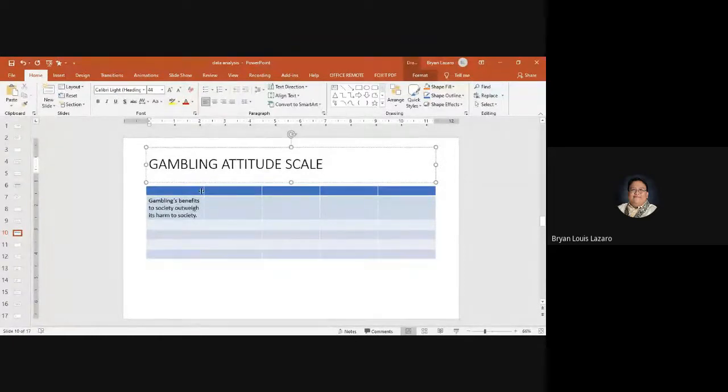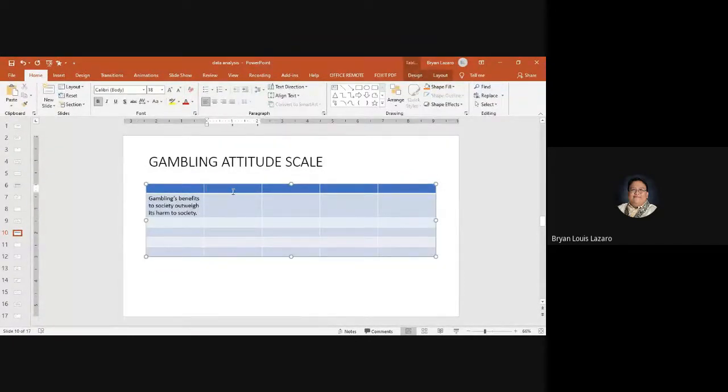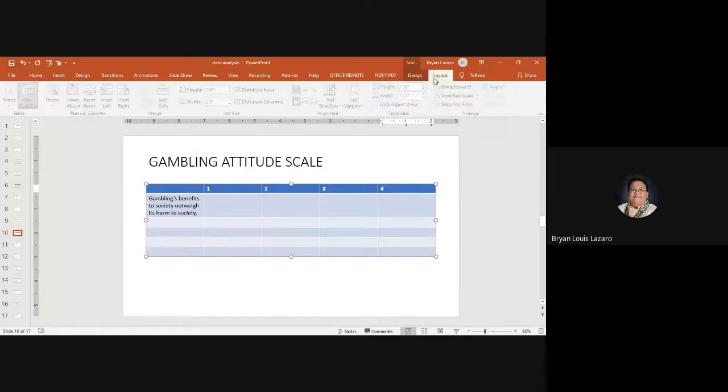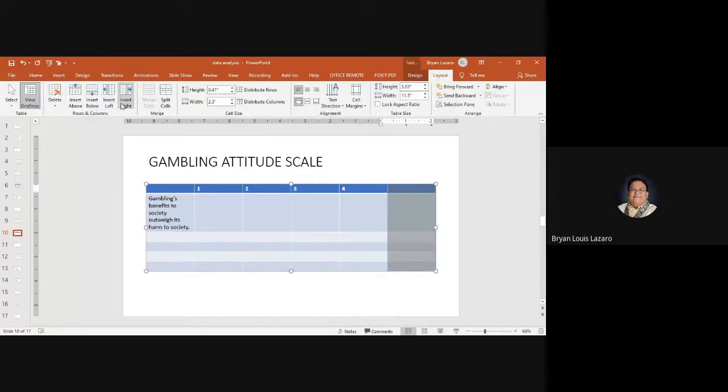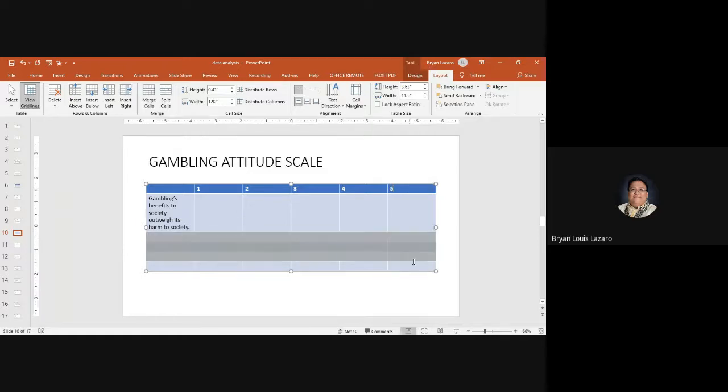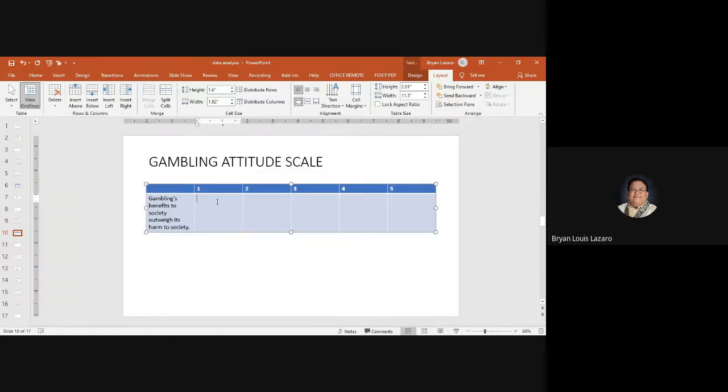So, for example, we have 1, 2, 3, 4, and then we have another here, 5. So what you're going to do is to just identify ilan muna yung sumagot ng 1.